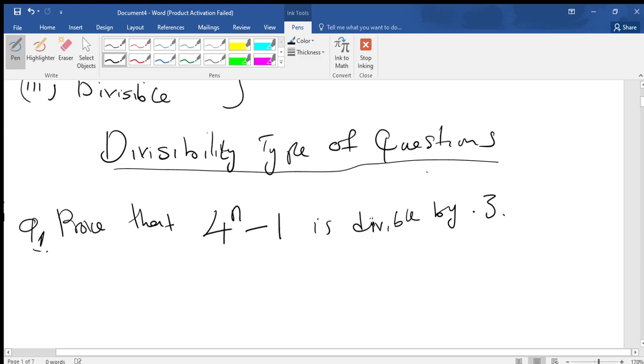We want to prove that 4^n minus 1 is divisible by 3.